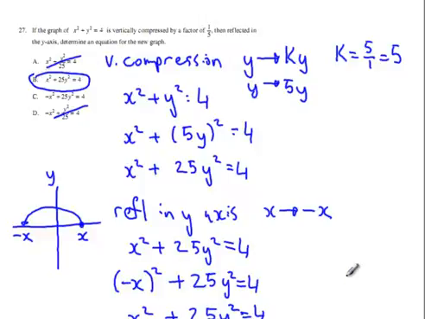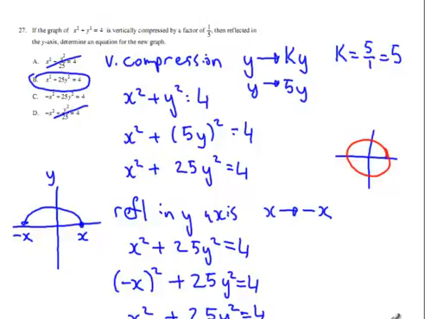If you're wondering what it is, the original one was a circle, x squared plus y squared equals 4. So we've got a circle centered on the origin, and the radius of our circle is the square root of 4, or 2.